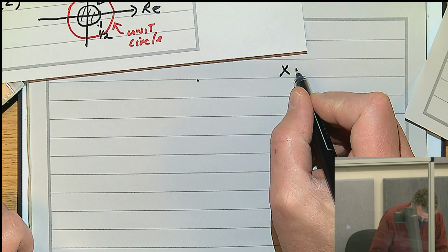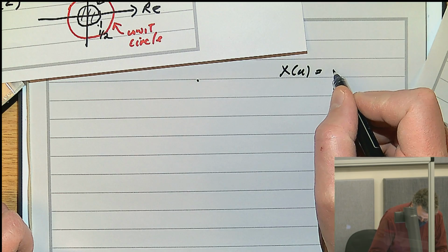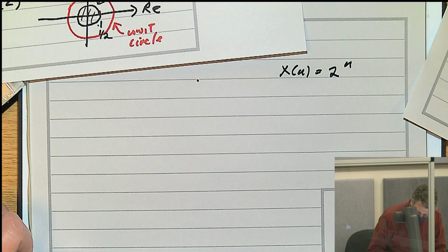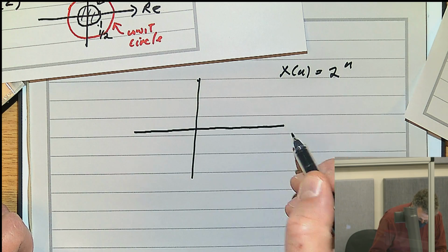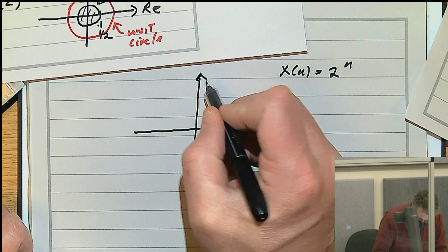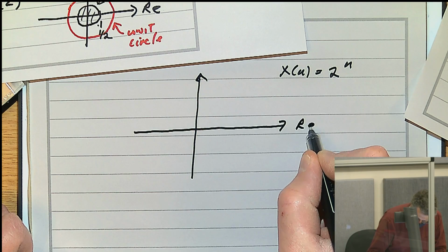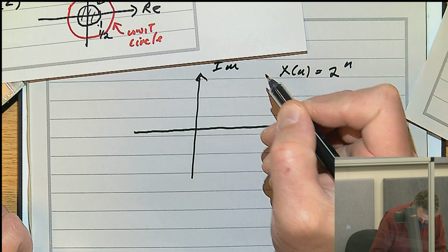So x of n is equal to 2 to the n. This is real and this is imaginary.